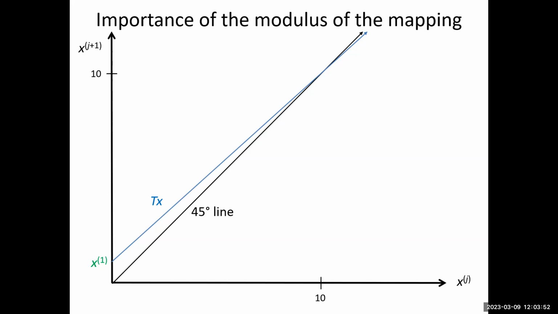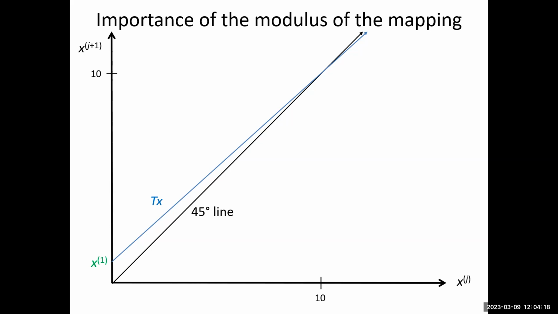The blue line is the operator T applied to X, that is 1 plus 0.9 times X. It intersects the 45-degree line at 10, so 10 is the fixed point of T. Because 0.9 is less than 1, the slope of the blue line is less than the slope of the 45-degree line, and the blue line must intersect the 45-degree line from above.